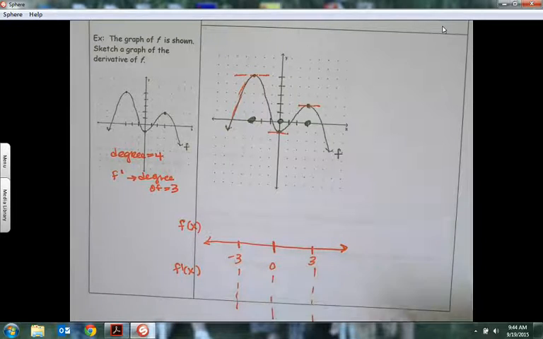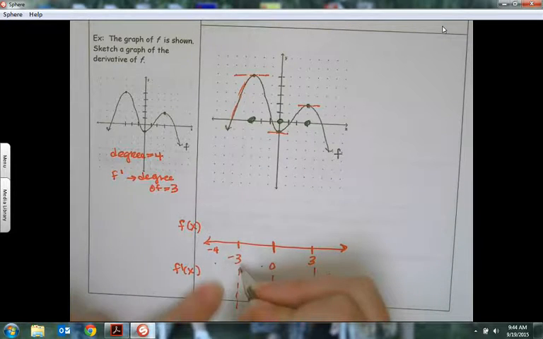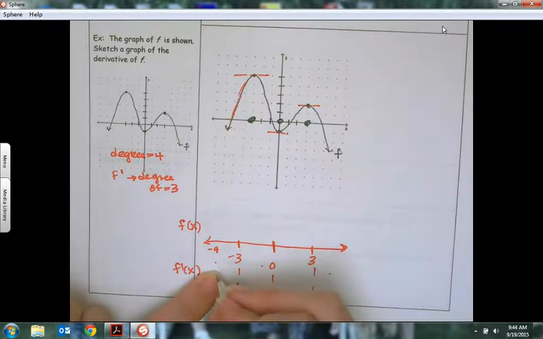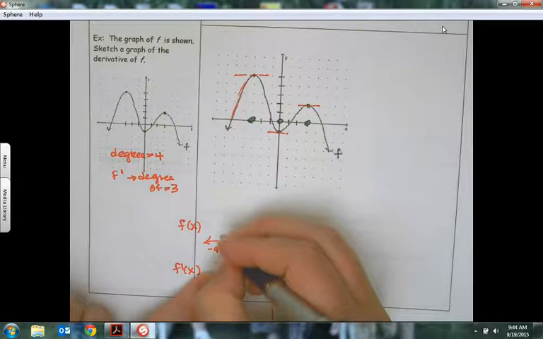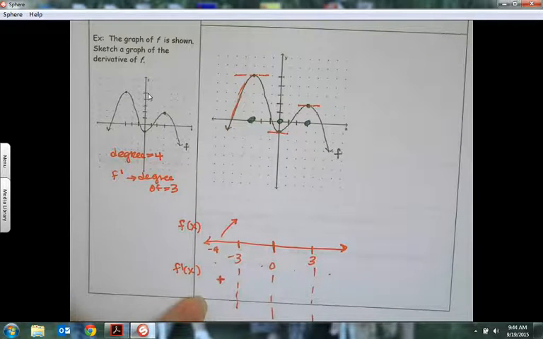So look before and after. So let's pick a value before. Well, a value before negative 3, these all have increasing, so they all have a positive first derivative.